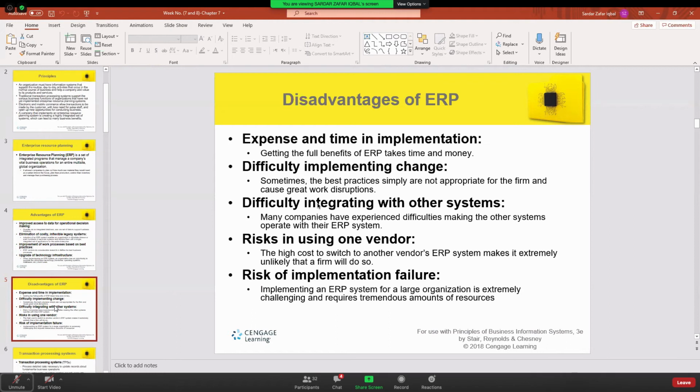Because it's a big system. Transaction systems are involved, management systems are there, computer related stuff, hardware, software, human resources, a huge effort is required. So there is always a risk of failure. You need a great effort to implement the ERP in your organization. Is that clear, guys? Yeah. Okay.